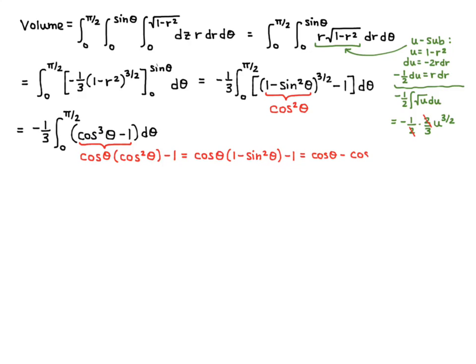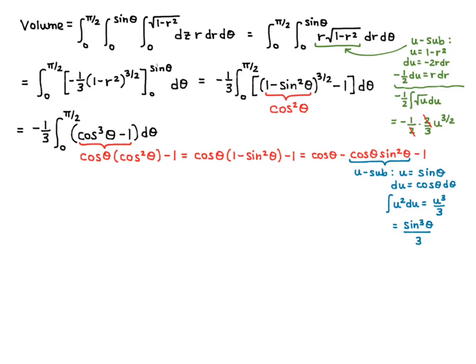Distribute that cosine theta. So I have cosine theta minus cosine theta sine squared theta minus 1. I'm going to do a u sub just on that middle part. So on the cosine theta sine squared theta, I let u equal sine theta, du equals cosine theta d theta. So it becomes the integral of u squared du. So I get u cubed over 3. So it's sine cubed theta over 3.